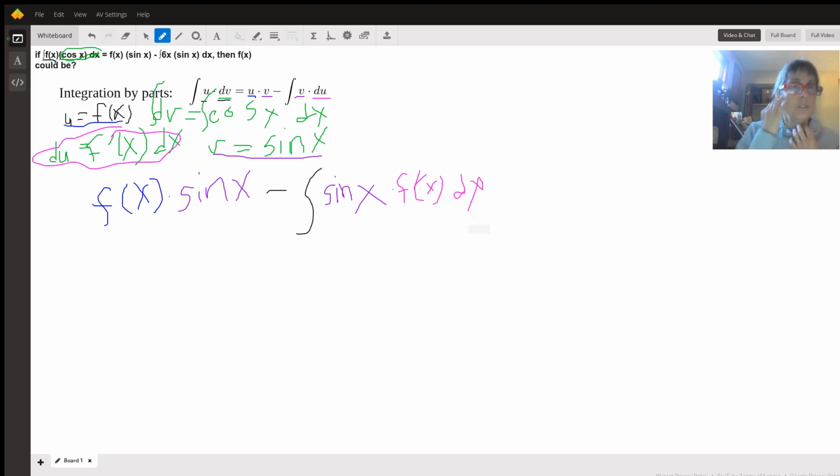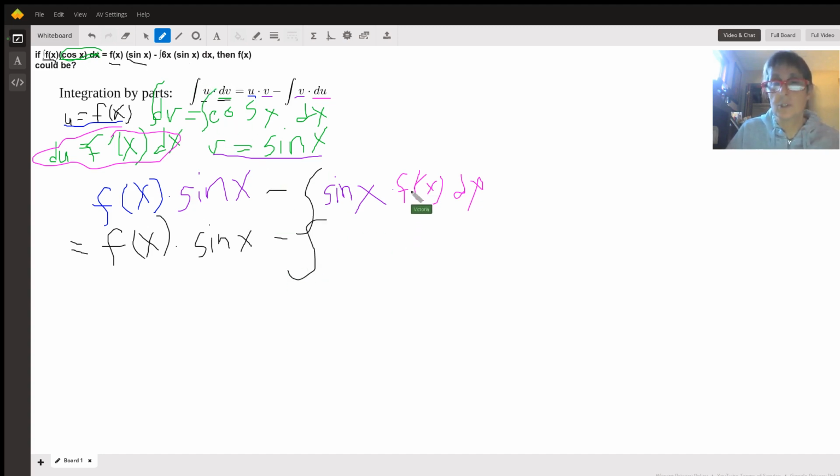Now, if you look at the original problem, it's written differently. It just has the order changed. So it has f of x, that's this, times the sine of x, that's this, and then minus, you still have the integral, they just have switched the order.